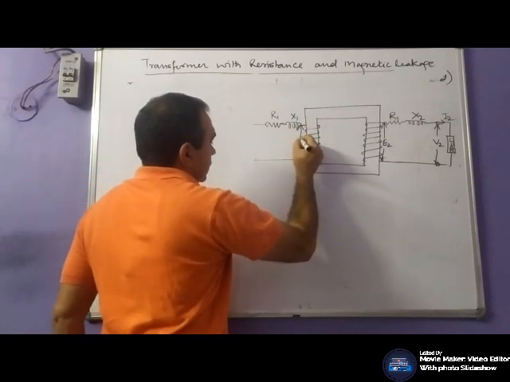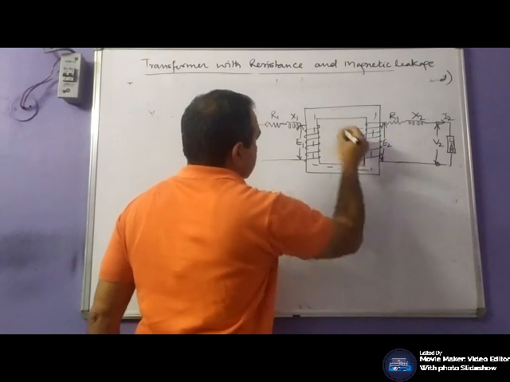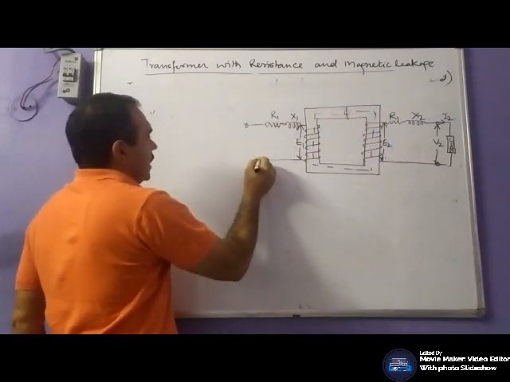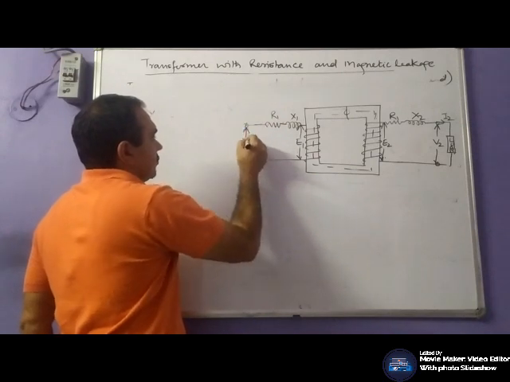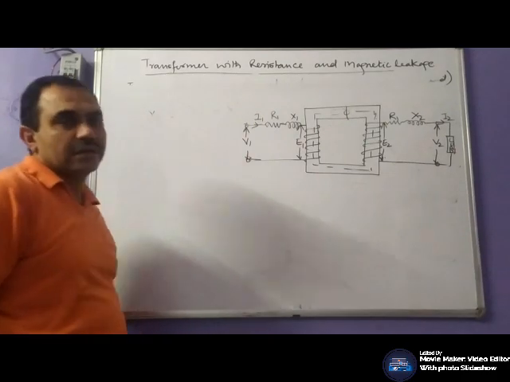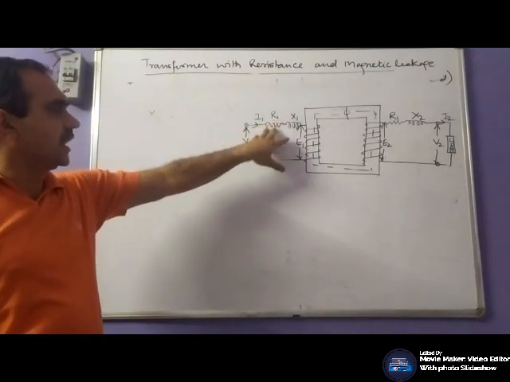Let E1 be the primary induced EMF, V1 the alternating voltage applied, and I1 the primary current, which is the phasor sum of the counterbalancing current and the no-load current.